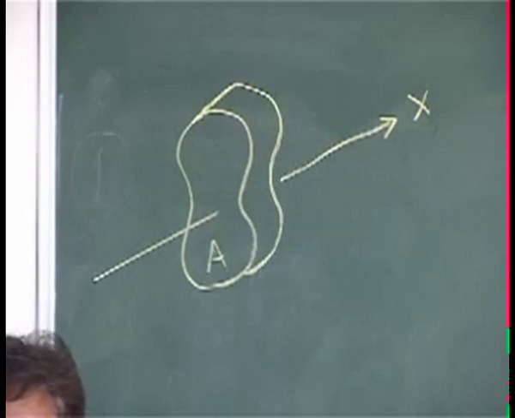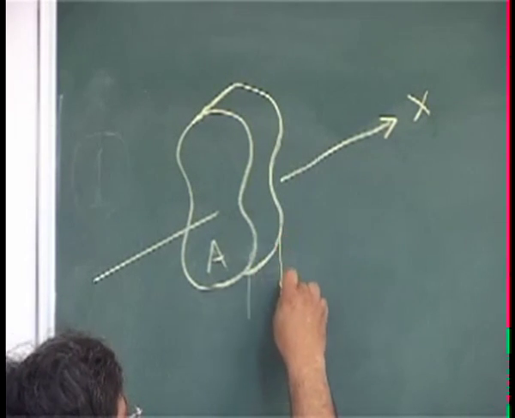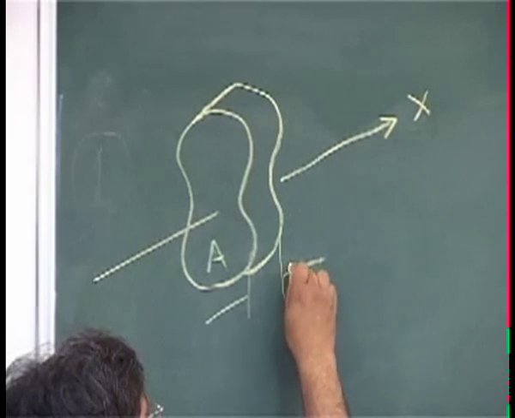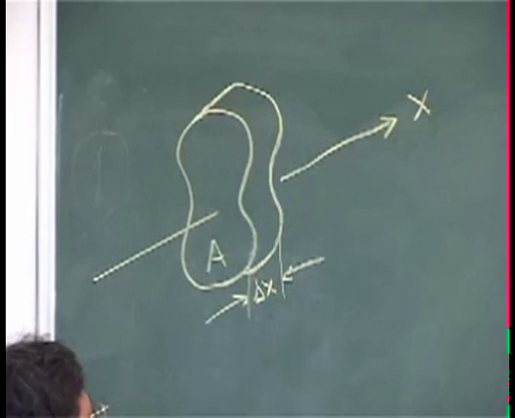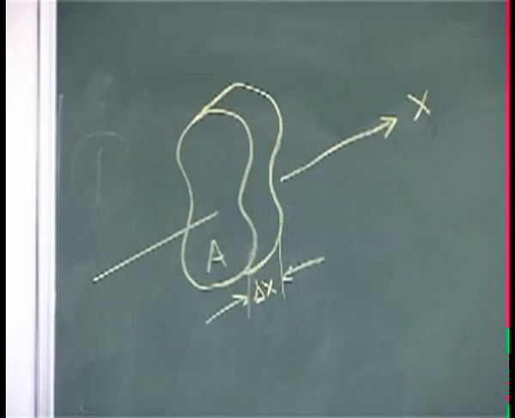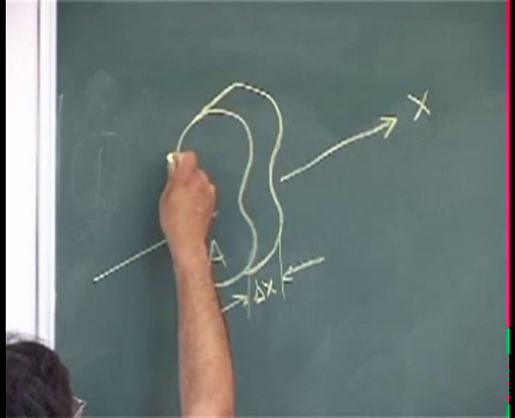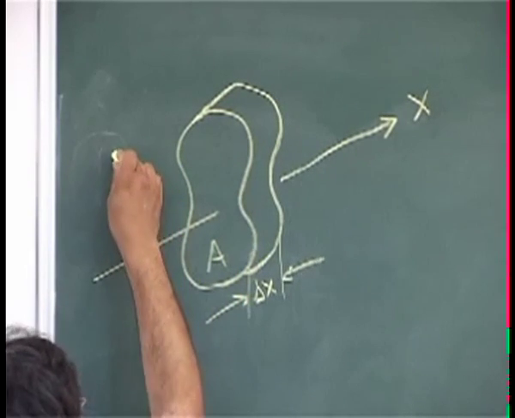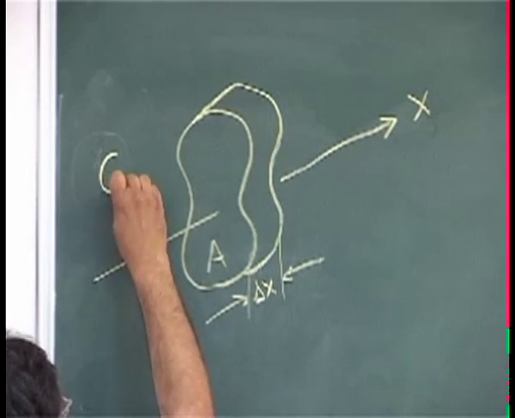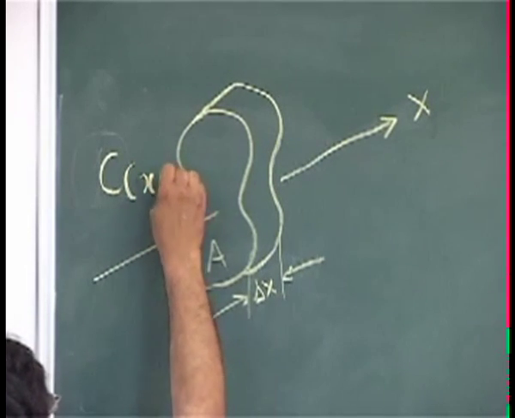The width of the strip, let's call that delta x, and then C is the concentration at this point, that is at x and t.